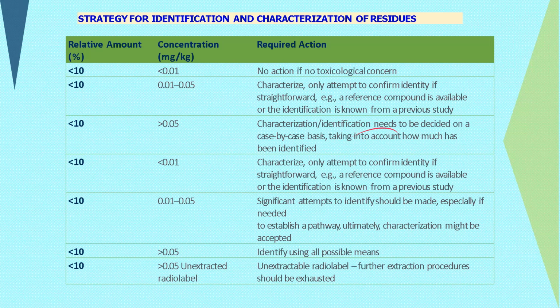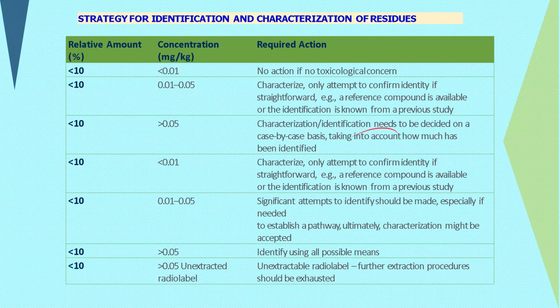And if the concentration ranges from 0.01 to 0.5, that means a higher concentration, significant or marked attempts to identify should be made, especially if needed to establish the pathway. Ultimately, characterization must be accepted. And if it is more than 0.5, identification using all possible means should be conducted.